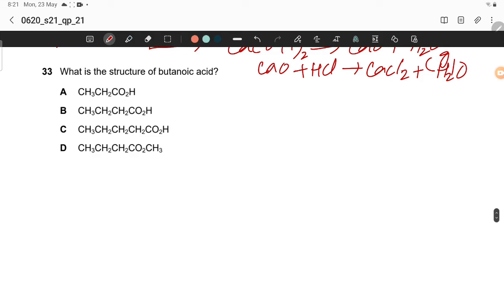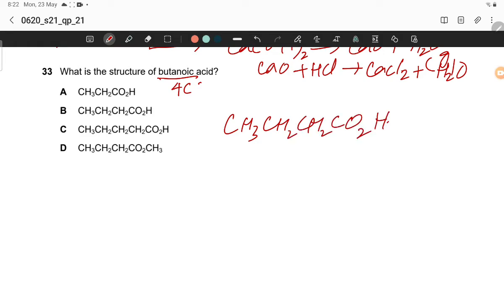Which is the structure of butanoic acid? Butanoic acid contains 4 carbons. CH3, CH2, CH2, CO2H. So this is propanoic acid, incorrect. 1, 2, 3, 4, this is the correct option. 1, 2, 3, 4, 5, this is pentanoic acid.